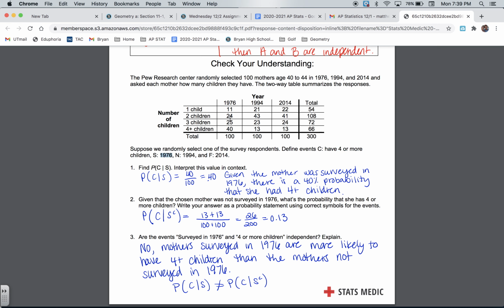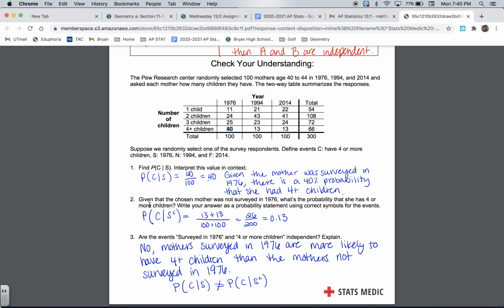So given 1976, given this little column here, which is 100 people, how many of those mothers that year wanted four or more children? 40 out of 100 wanted four or more, so 40%. So given the mother was surveyed in 1976, there is a 40% probability that she wanted four or more children.